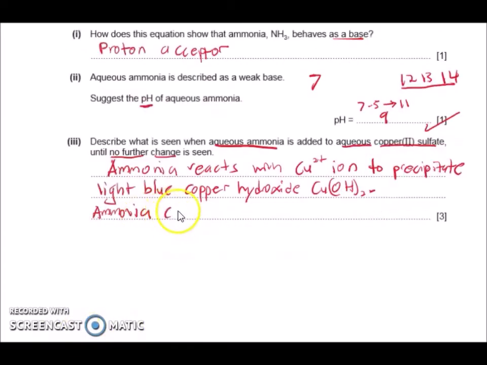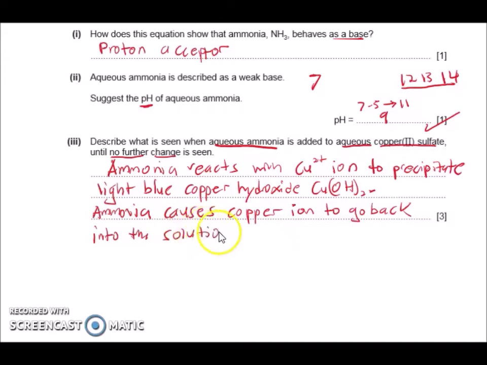Okay, ammonia causes this copper ion to go back into the solution as a deep blue ammonia solution.